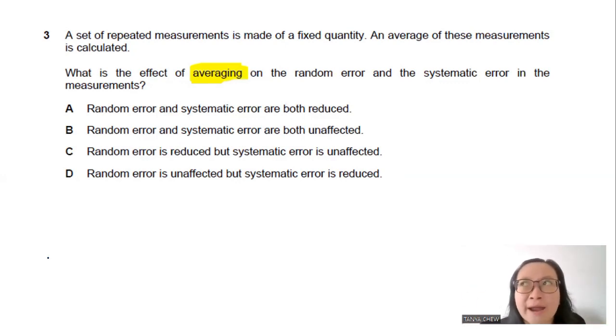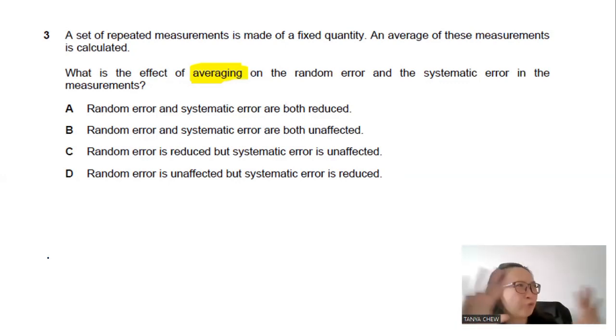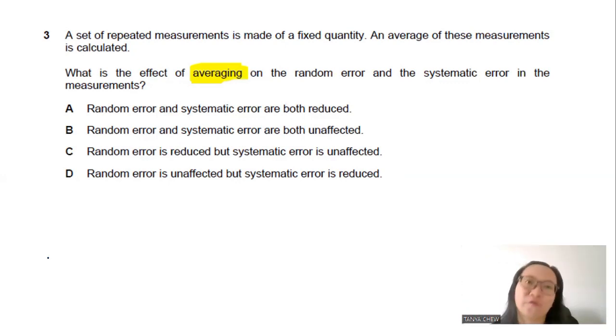Random error, random, the word says it all. Random means coming from all directions. You don't really know where is the specific cause of that error. Whereas systematic error, look at the word system. Normally, think it easier, system can be related to apparatus that we have in the lab.